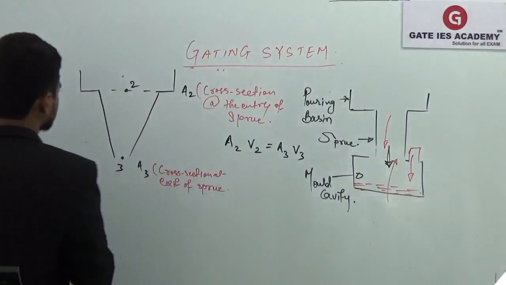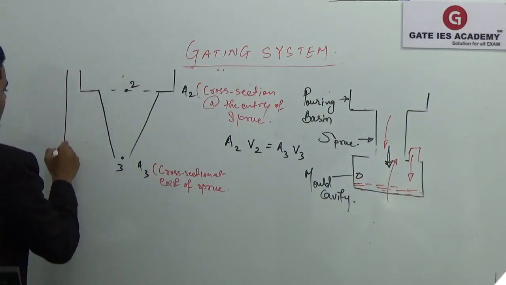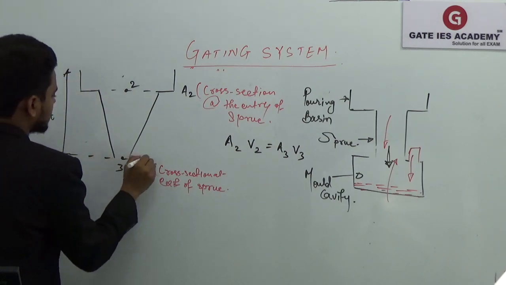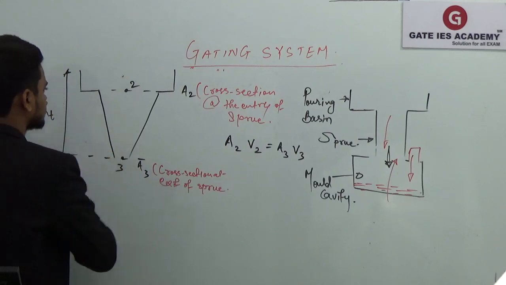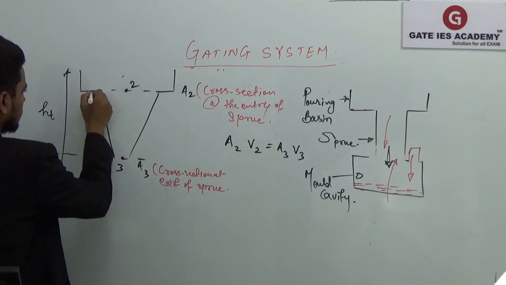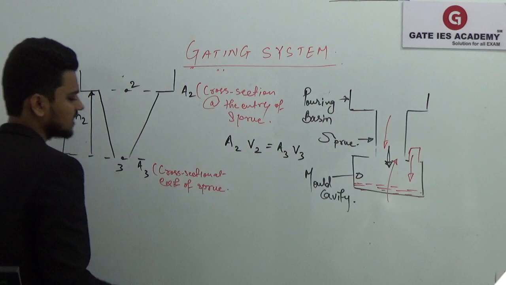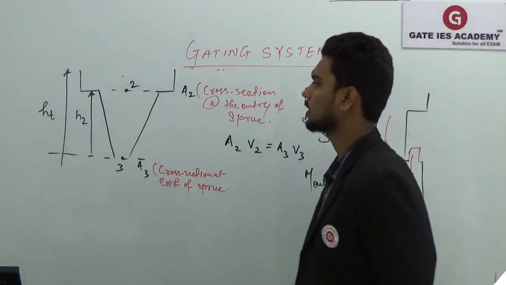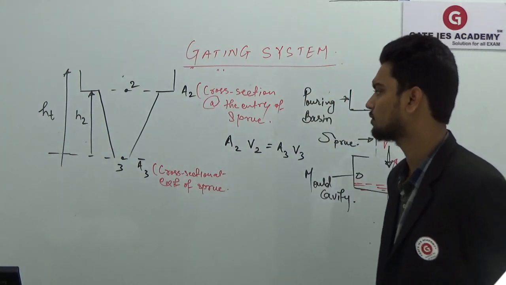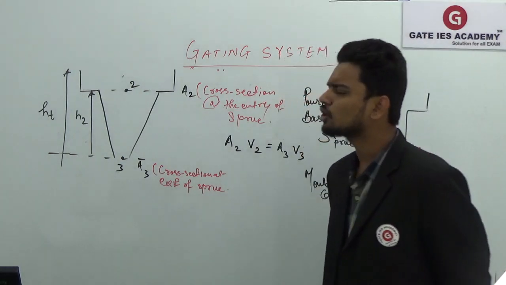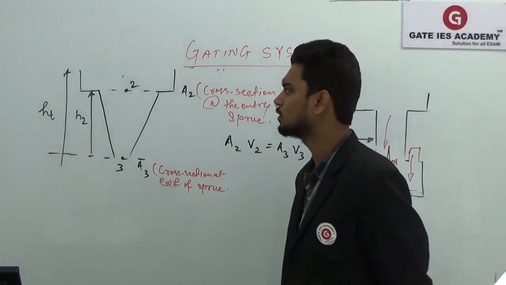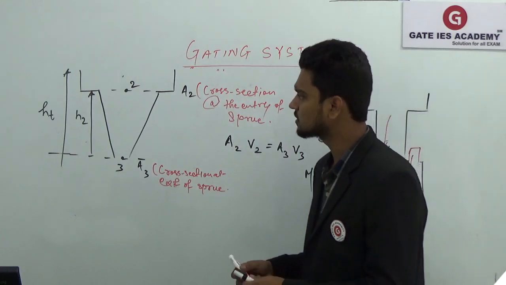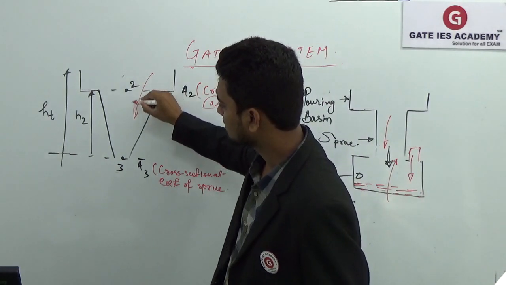Obviously this pouring basin will have some height, say HT from your datum, which we have taken as the exit of the sprue, and H2 is the height of your sprue. So we'll use Bernoulli's equation and the continuity equation to find out the actual shape of your sprue. The molten metal is flowing through this gating system here.